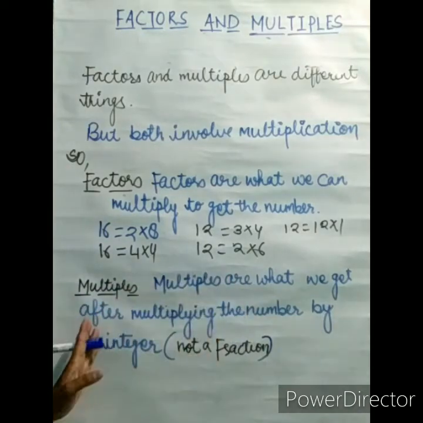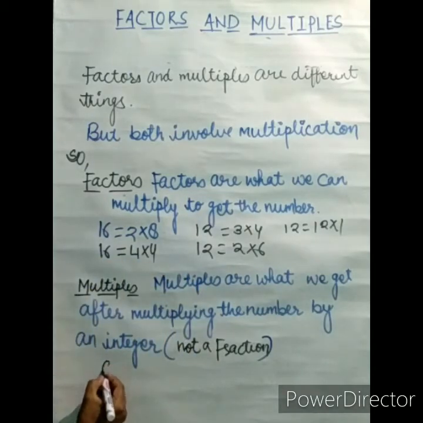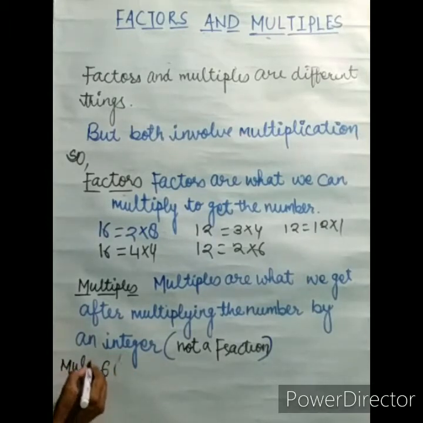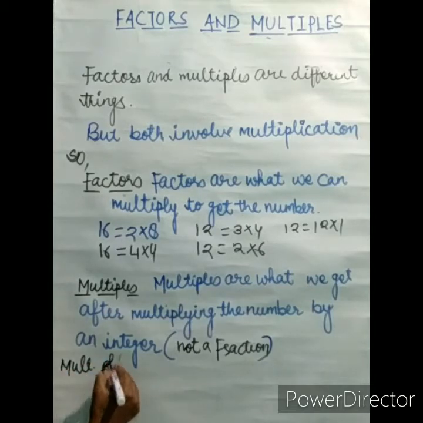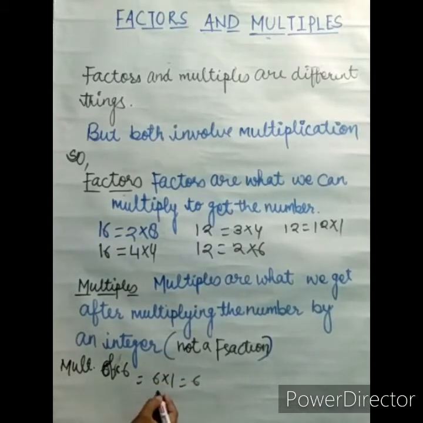If you want to get multiples of 6, you can multiply 6 into 1, you will get 6. 6 into 2, you will get 12. 6 into 3, 18.